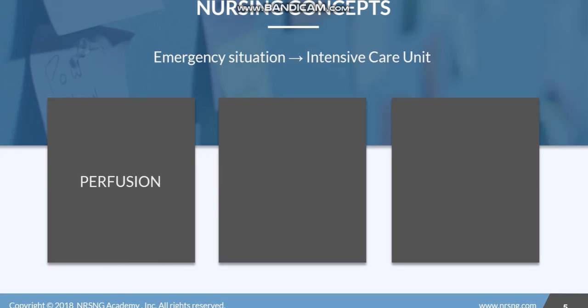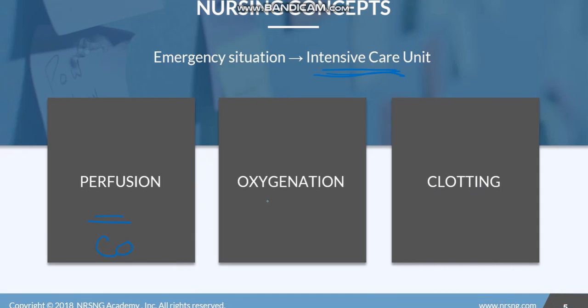So there's lots of nursing priorities for this patient, one of which being that this is shock. It's an emergency. They need to be in an ICU. But let's focus on the top three concepts here. If you check out the outline and the care plan attached to this lesson, you'll see a ton of details about specific interventions. The first concept is perfusion. We've got to monitor their hemodynamics and maintain a good cardiac output.